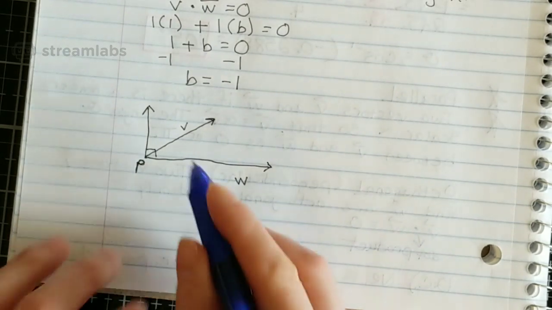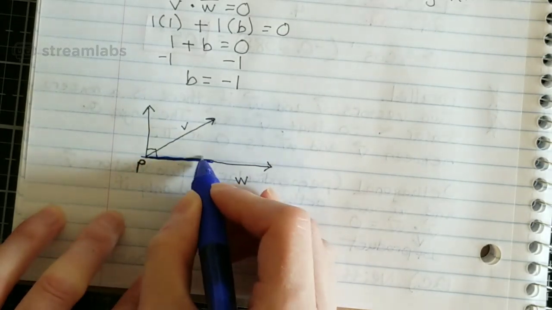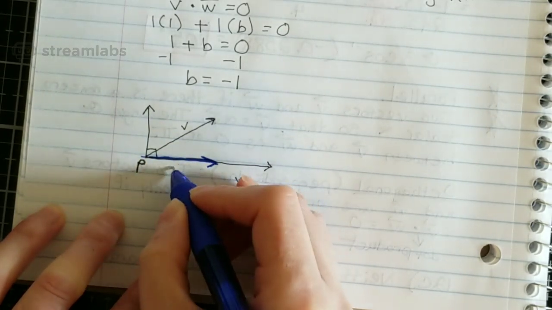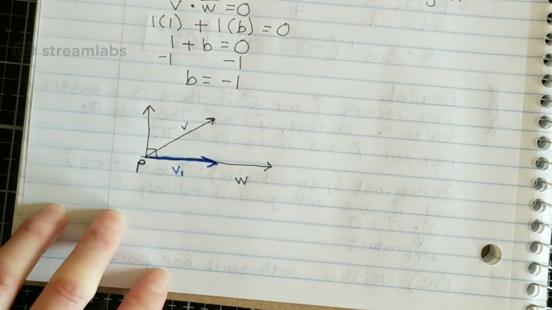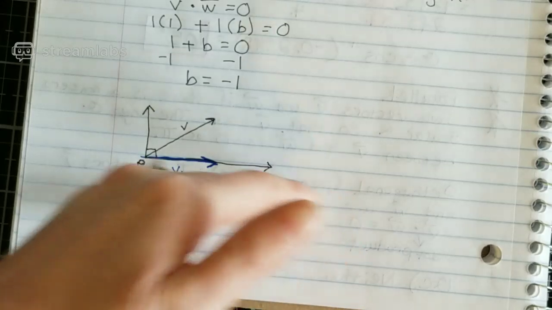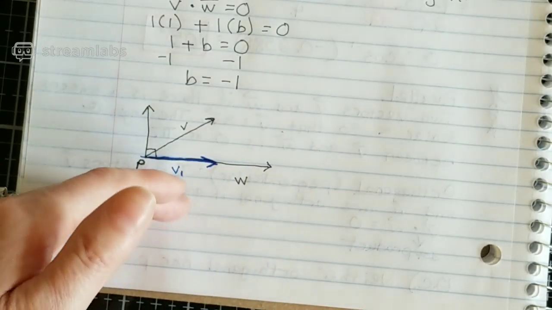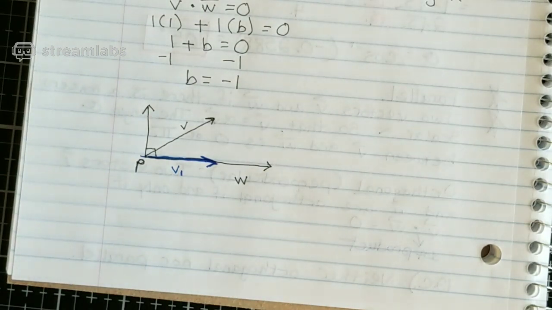Okay, so one of the vector views is this way. So this is view 1 right there, which is going to be parallel to that W right there. And then another one, which compared to W would be perpendicular.